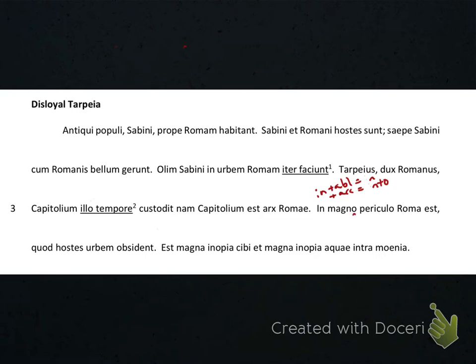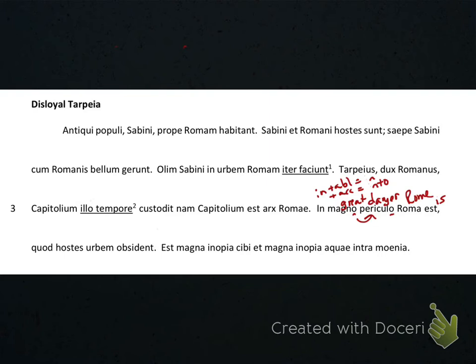I see that magno and periculo have the same ending on them. That means they should stay together. Periculo is danger, and magno is great. Roma is the name of the city, and of course this is my word est.